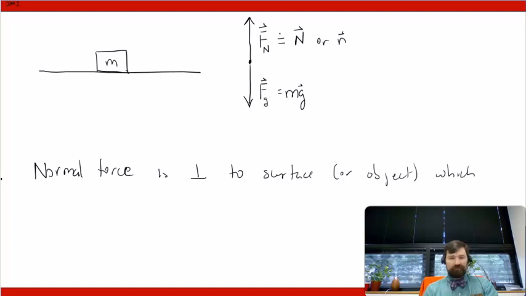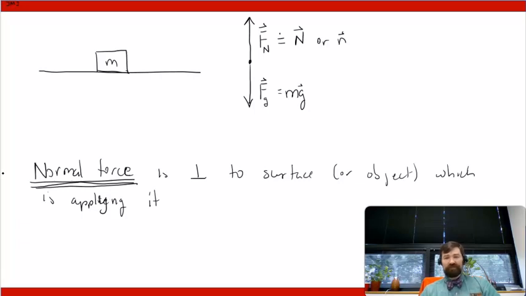And that basically means that this case where the two are opposed, normal force and gravity are opposed, is a special case in which the surface that the object is sitting on is actually flat. That also means that if I were to rotate the plane, I will no longer have a normal force that is purely vertical.